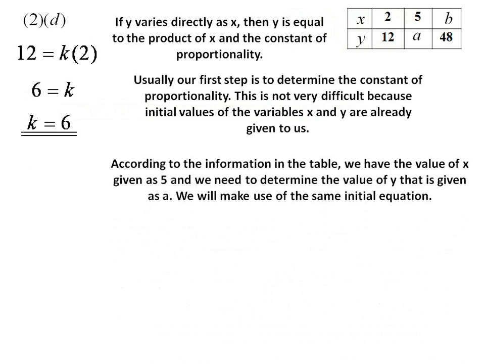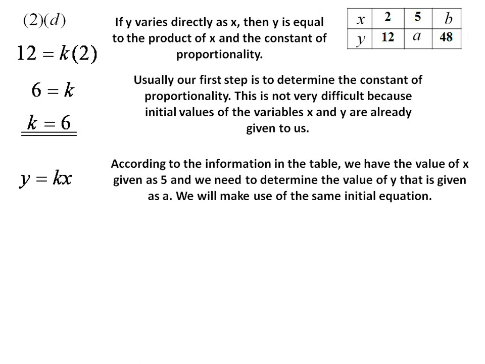According to the information in the table, we have the value of x given as 5, and we need to determine the value of y that is given as a. We will make use of the same initial equation. As long as we have established our relationship, that is the same relationship that we use on every single occasion.